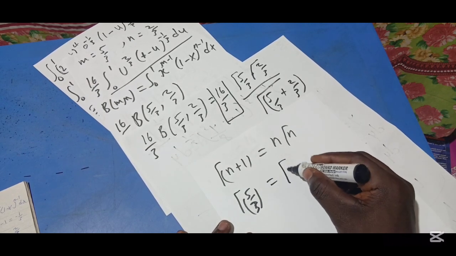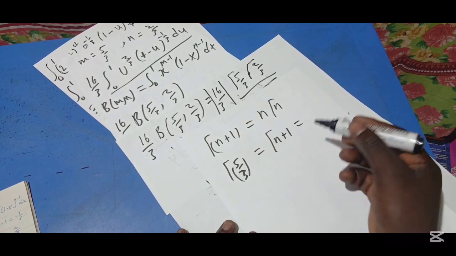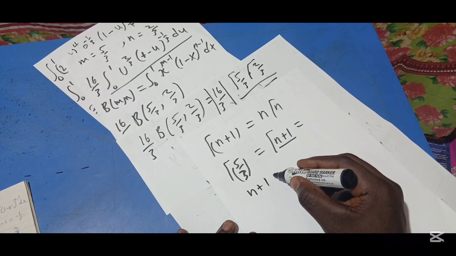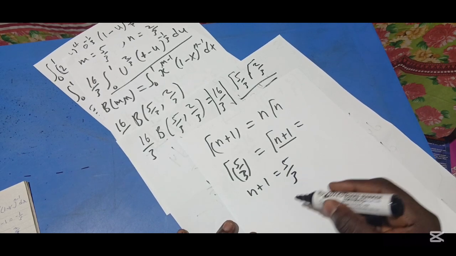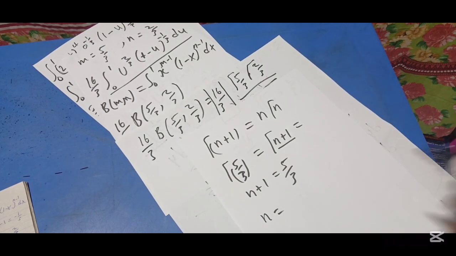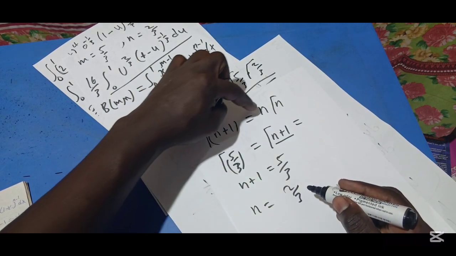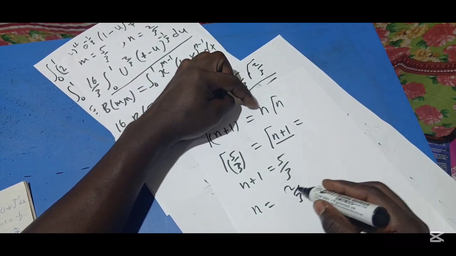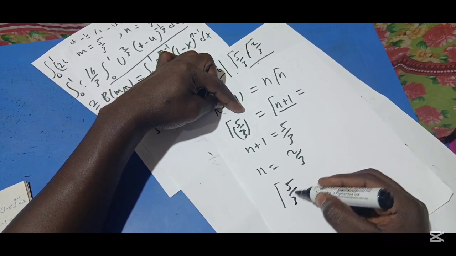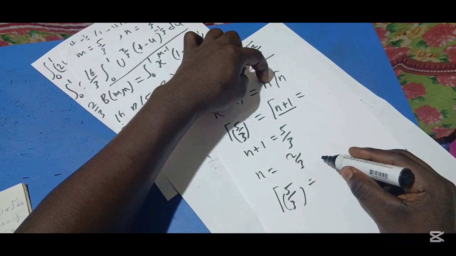So n plus 1, so give me something, gamma 5 on 3. I don't know that, so I just equate n plus 1 to 5 on 3. So solving this, we get our n to be 2 on 3. So looking at this, I can therefore go ahead and say my gamma 5 on 3 is equal to 2 on 3 gamma 2 on 3.